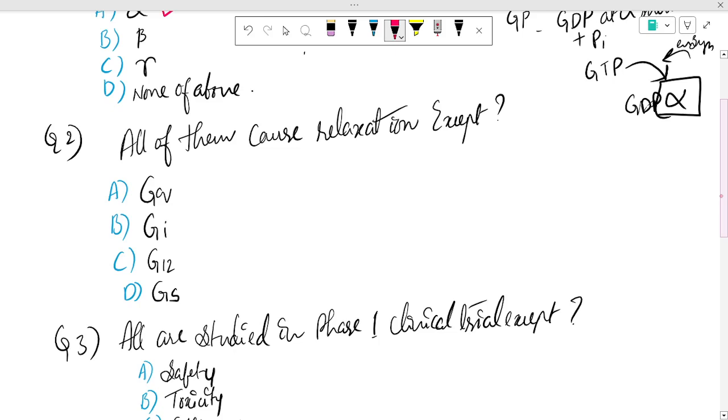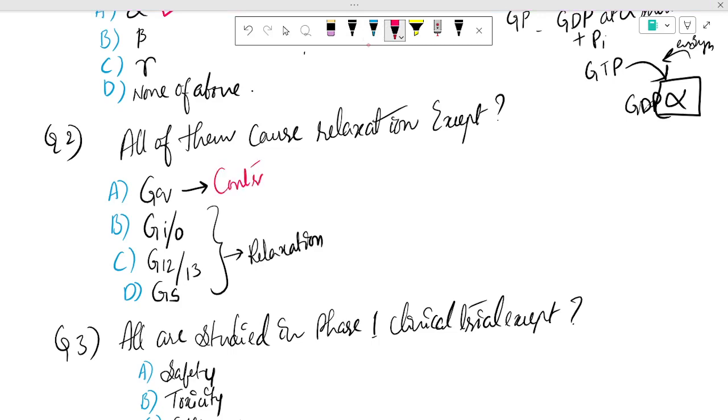You take Gi or Go, you take G12 or G13, and you take Gs. All these three cause relaxation. But Gq causes contraction. So the answer is Gq.